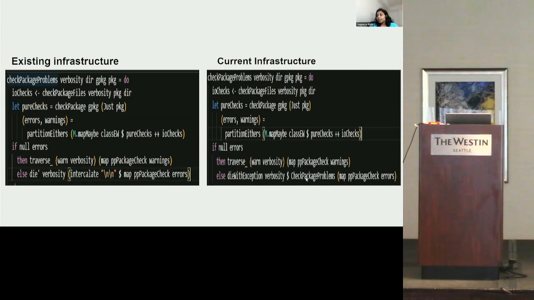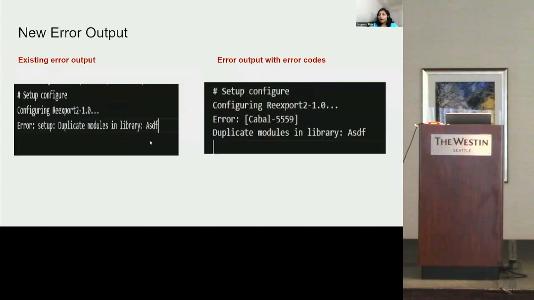After this, the exception is caught and pattern matched to retrieve the error code and the error message accordingly. So once this executes, this is how the new error output with the error code is going to look like. As you can see, there is error followed by the Cabal and the numeric code.